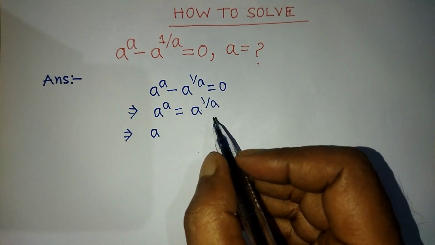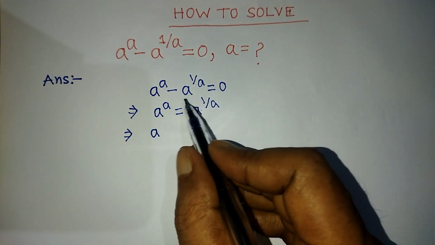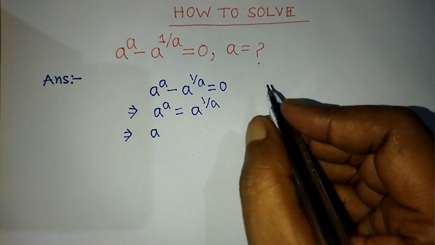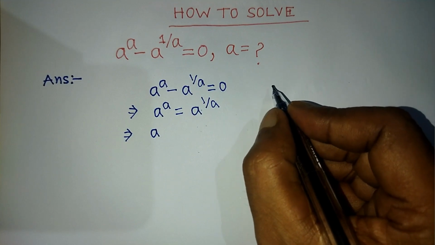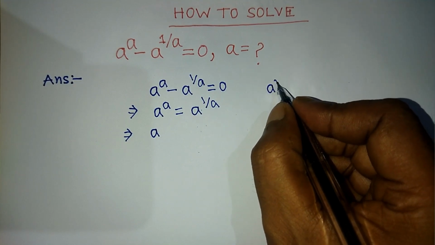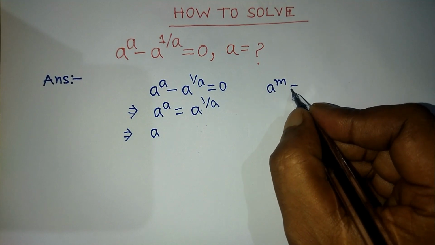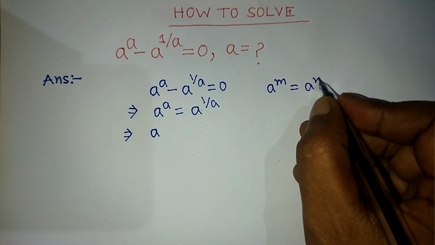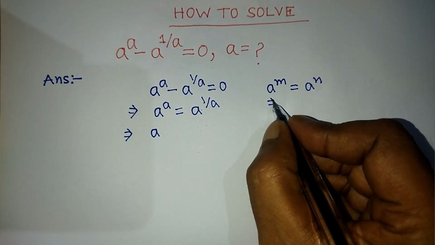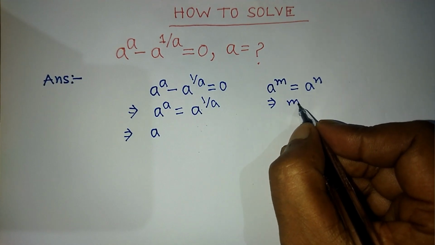So student, to find the value of a from this exponential equation, we have to apply the formula a to the power m is equal to a to the power n, which implies that m is equal to n.